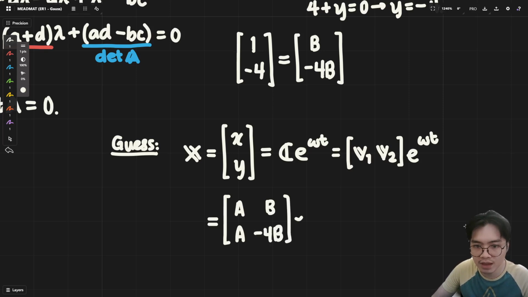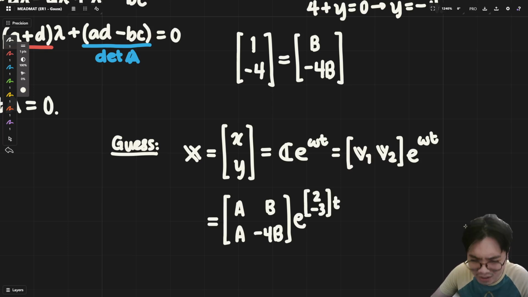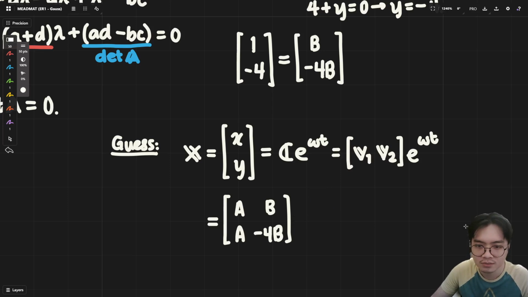And then we will have your e raised to, what are the eigenvalues? The eigenvalues in this case are now going to be 2, negative 3. So you're like, what? Where did that come from? Well, we can just put this in as values of e raised to 2t. This was our first eigenvector.